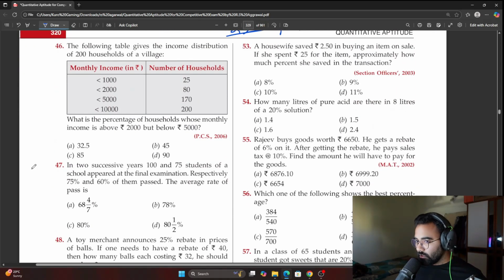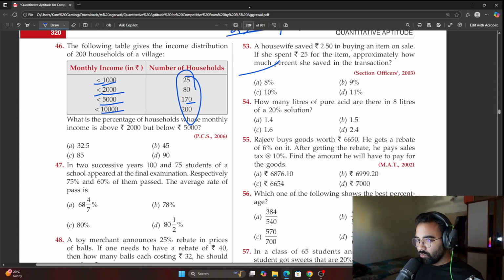That is 46. The following table gives the income distribution of 200 households of a village. So this sign over here is less than. So these are the number of households and this is less than. So households having less than 1025, less than 2080, less than 5170, less than 10,000. So what is the percentage of households whose monthly income is above 2000 but below 5000?